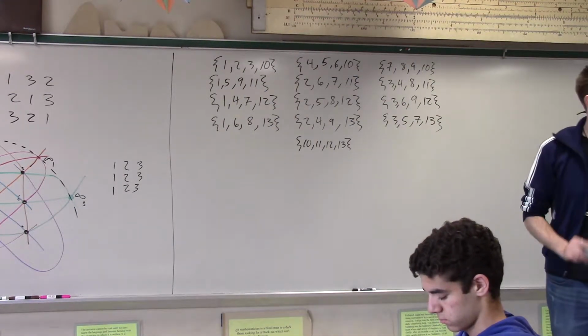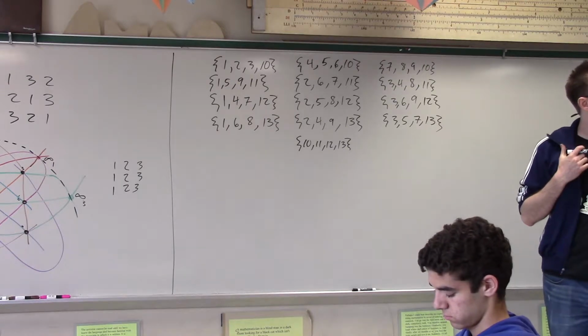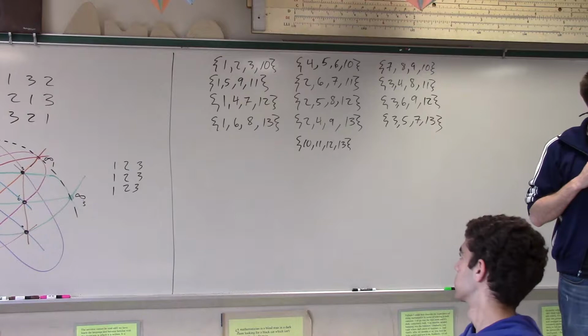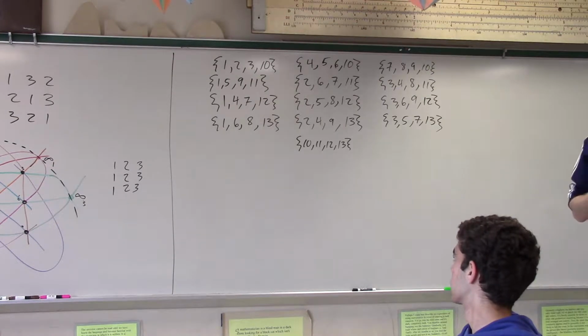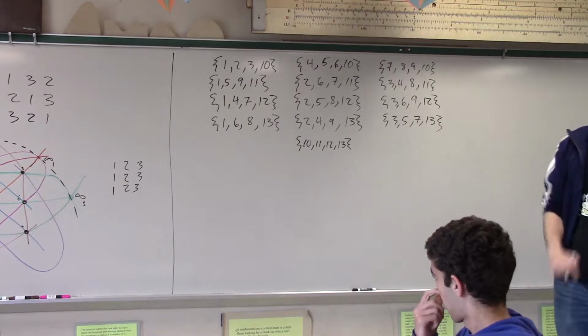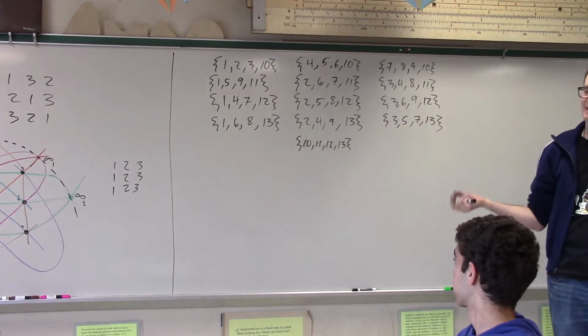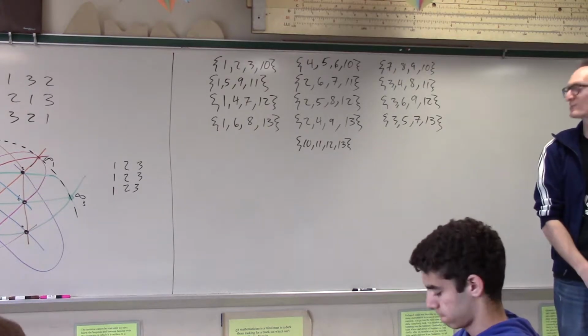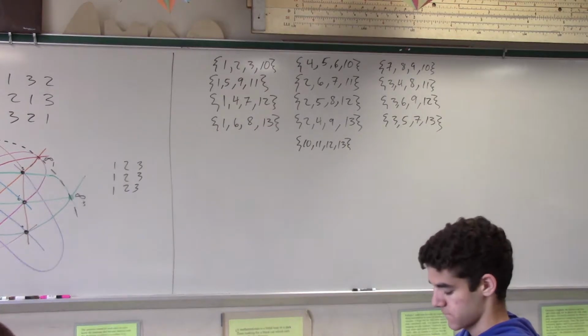Arbitrarily designate a line as being the line at infinity. Arbitrarily. Per our conversation from 40 minutes ago, there's no such thing really as the line at infinity. Any line can be thought of as a line at infinity. That's what makes the finite projective plane so symmetric.